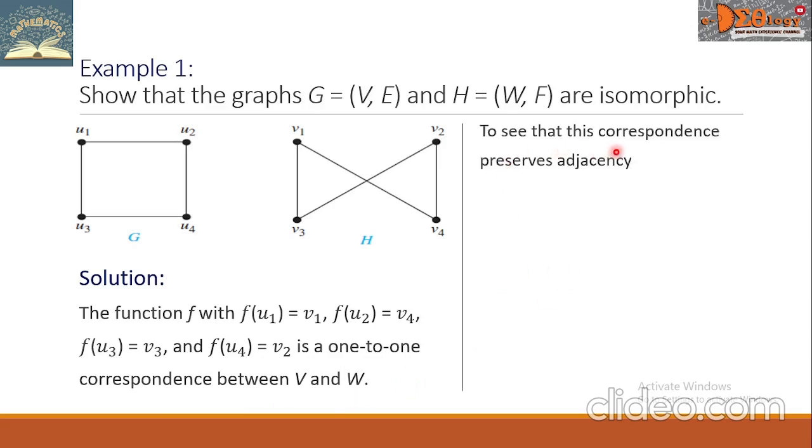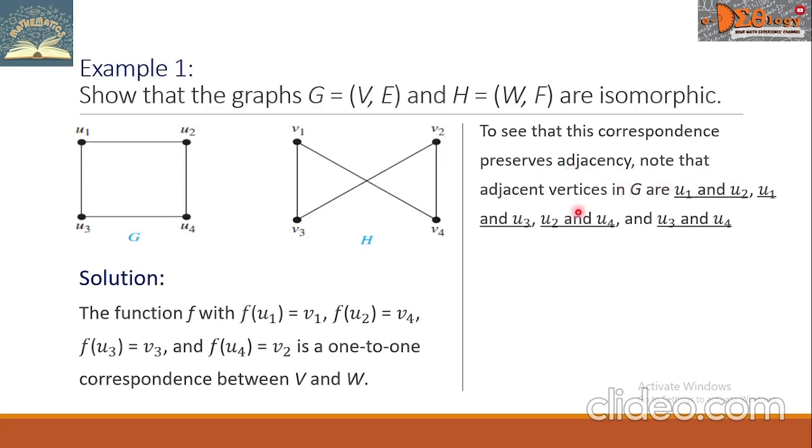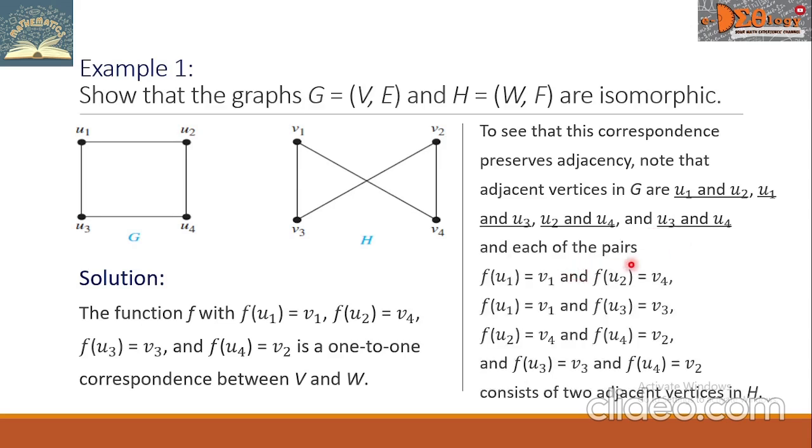To see that this correspondence preserves adjacency, note that adjacent vertices in graph G are u1 and u2, u1 and u3, u2 and u4, and u3 and u4. Each of the pairs: f(u1) = v1 and f(u2) = v4. This is the first pair.